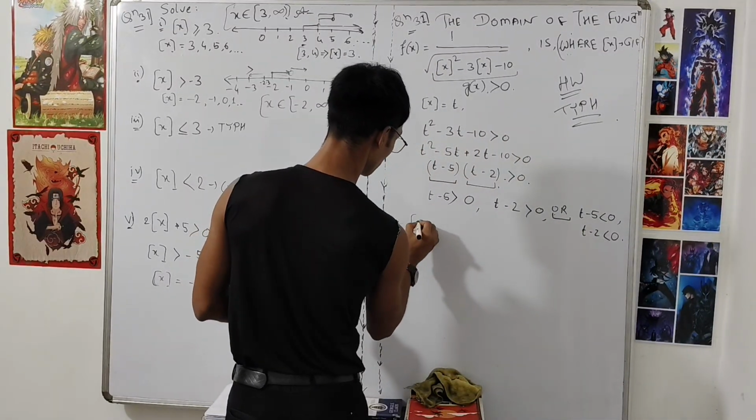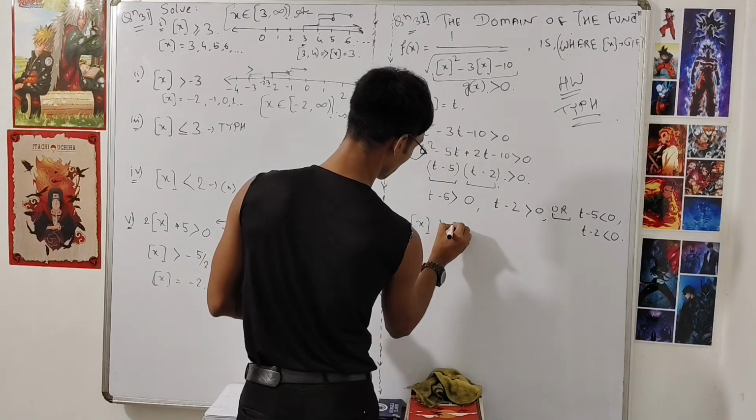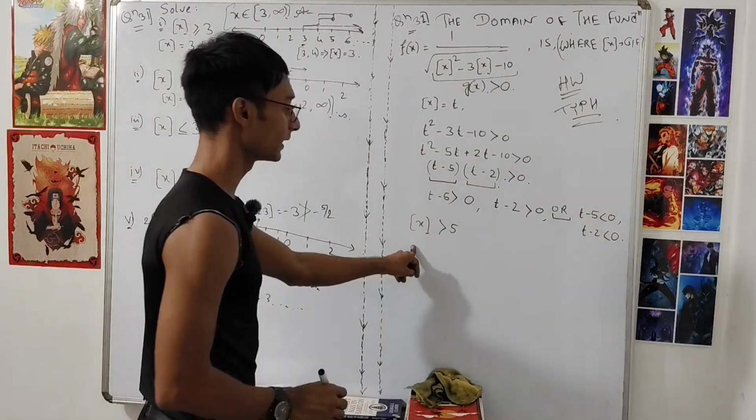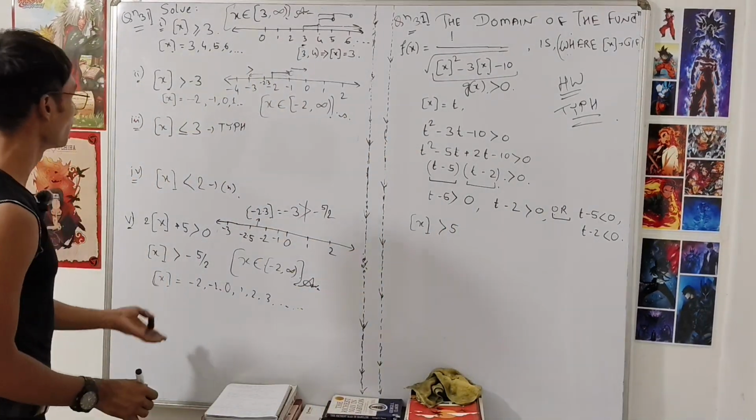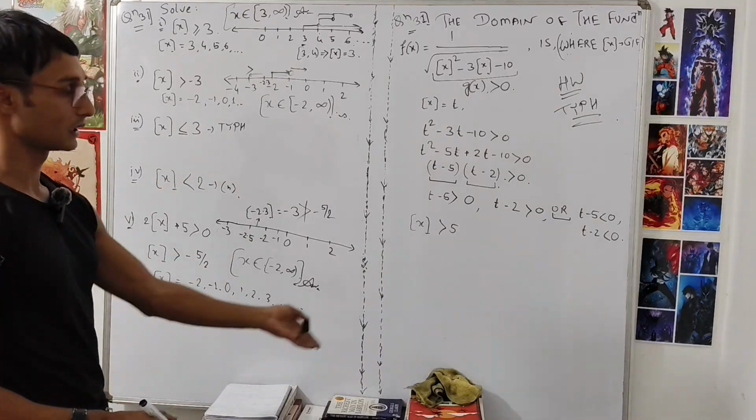So this is what actually: [x] is greater than 5. In this case some values you will get from solving this type of equation.